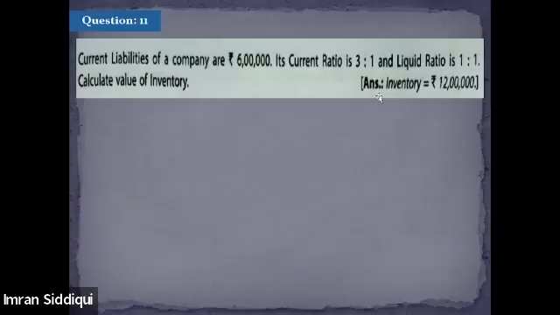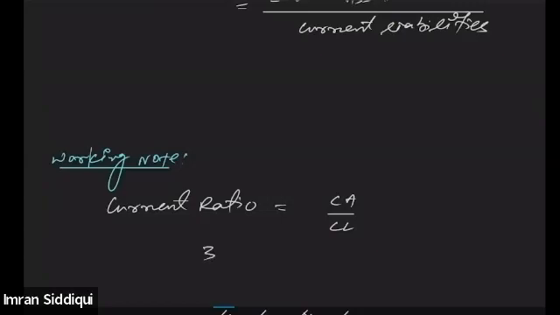By applying a working note, we can calculate the value of the current asset by applying the formula for the current ratio. Current ratio is already given in the question. Current ratio is current asset divided by current liability. Current ratio is given in the question as 3:1. So 3:1 means 3 divided by 1.